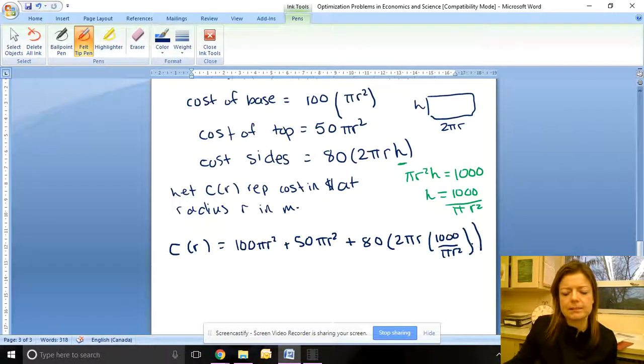Okay, so let's simplify this so we can collect like terms here. So 150 pi r squared. 80 times 2 times 1,000 is 160,000. And then notice here, this pi and this pi cross off, and we can also cross off one of the r's. So this is all left to be just over r. Okay, and then we write our restriction of 5.38 to 6.